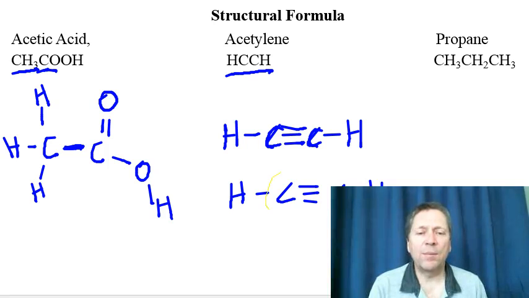Okay, look at this carbon here. It's got 4 bonds. It's got 1 bond here and it's got 3 bonds here. So that means it's got 4 altogether, and that's what we want. And this carbon too, it also has got 4 bonds. There's 3 on the left hand side, and there's 1 on the right hand side. That makes 4. So we've done the right thing.